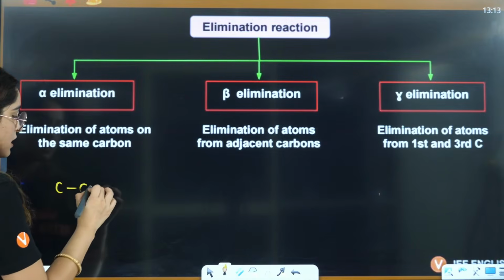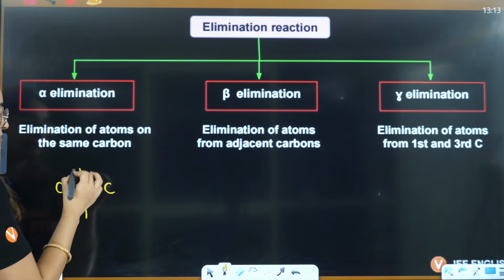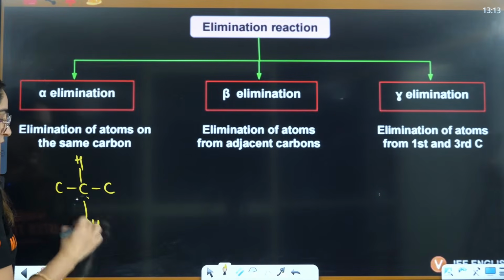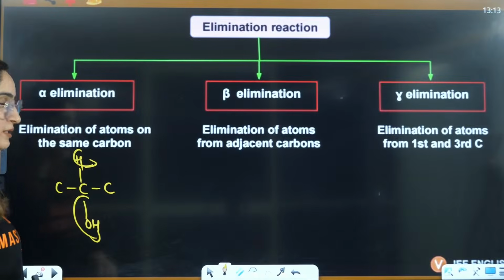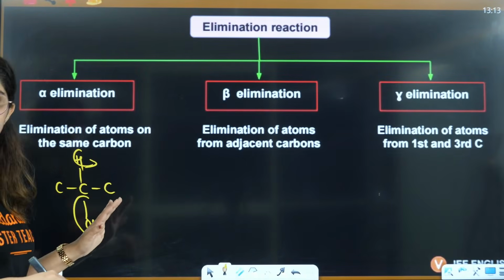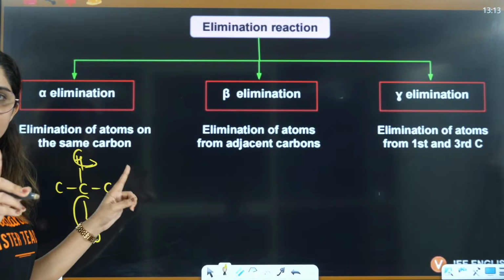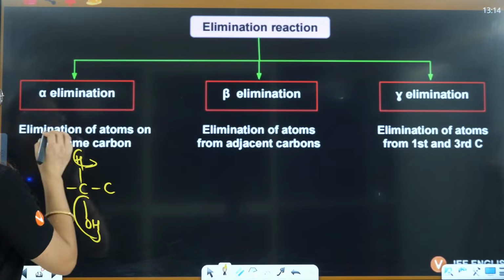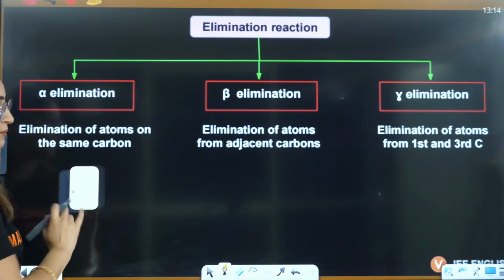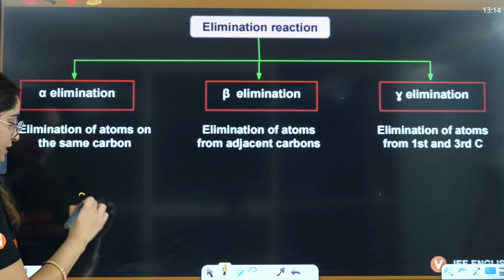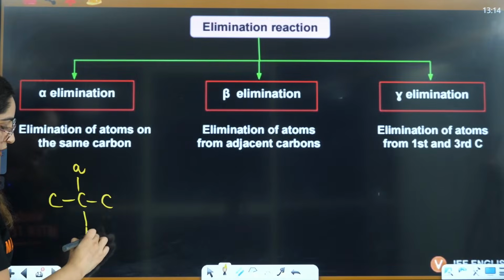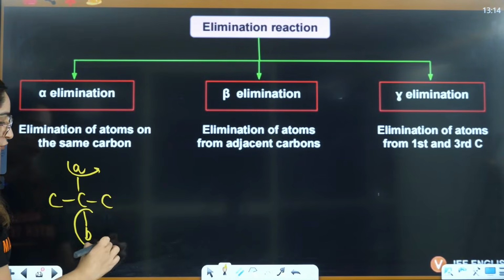The first type is when, let's say, from one carbon only, H and OH both are eliminated. If from the same carbon two different leaving groups are leaving, the elimination of atoms on the same carbon is called alpha elimination. Let's say this is A, let's say this is B. So both are leaving from the same carbon.